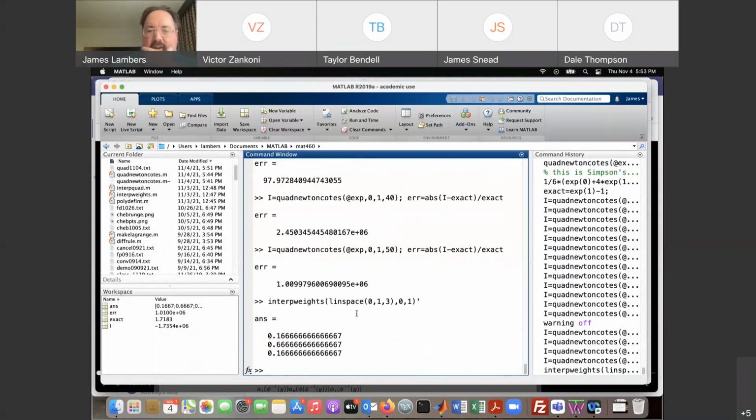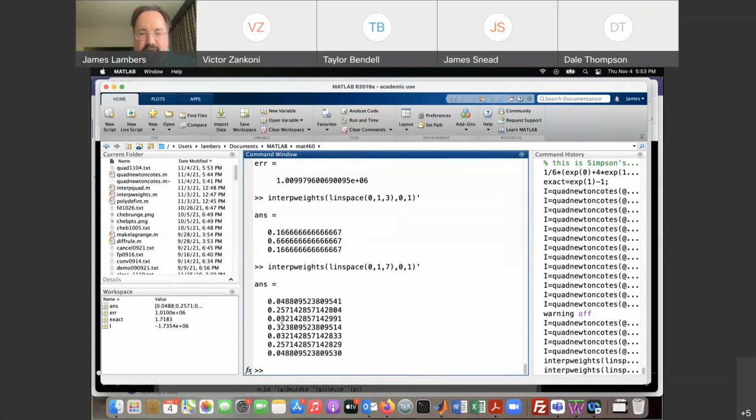Now, as I mentioned before, when you have 3 nodes, a Newton-Cotes rule, that's Simpson's rule. And sure enough, these are the weights that we would expect: 1/6, 2/3, 1/6. But then if I keep going, let's say up to 7, there's a nice symmetry to the weights. That's to be expected because we have the same symmetry to placement of the nodes.